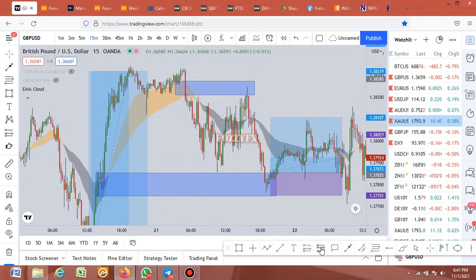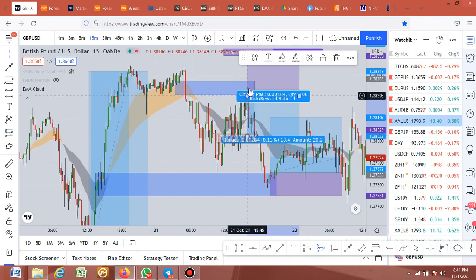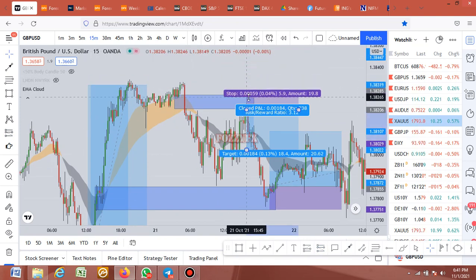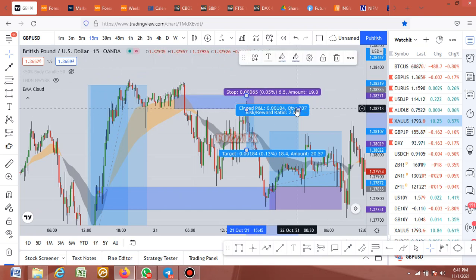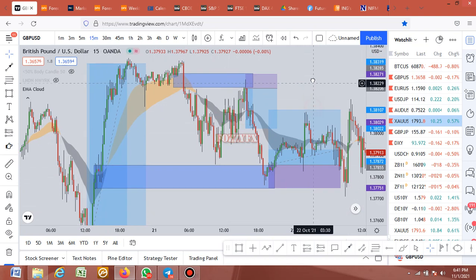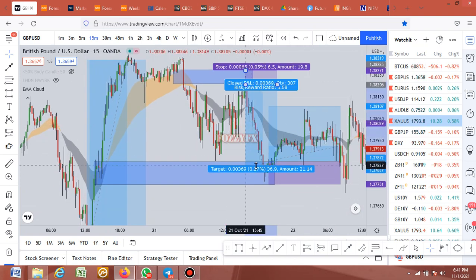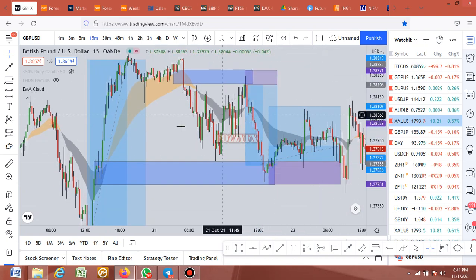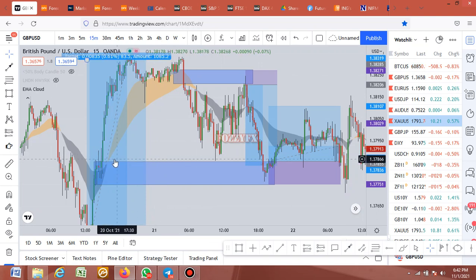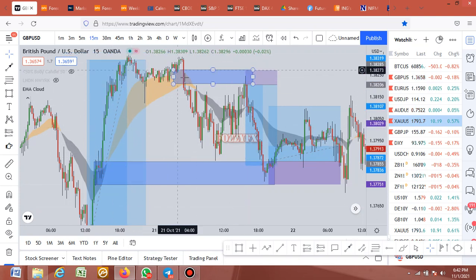For some of us that took this trade as well, this strategy is a scalping strategy, so it's not a strategy that you want to take and hold for a very long time. If you take this particular trade, you want the price to come back to that level in a very short time.